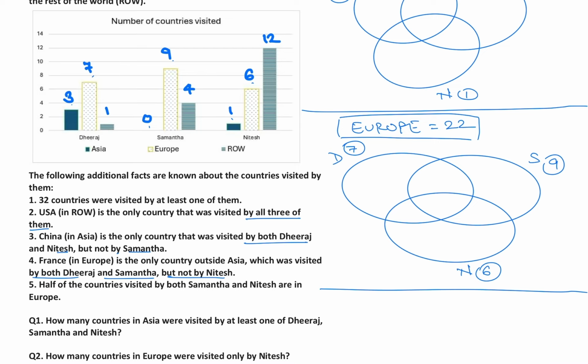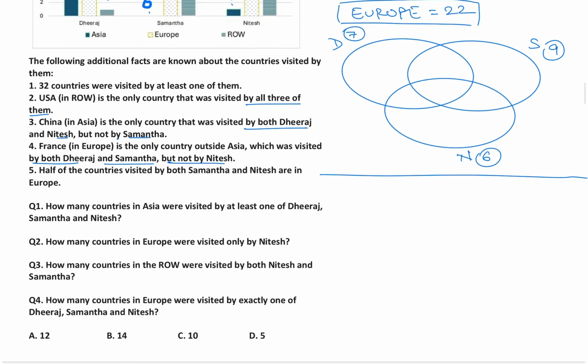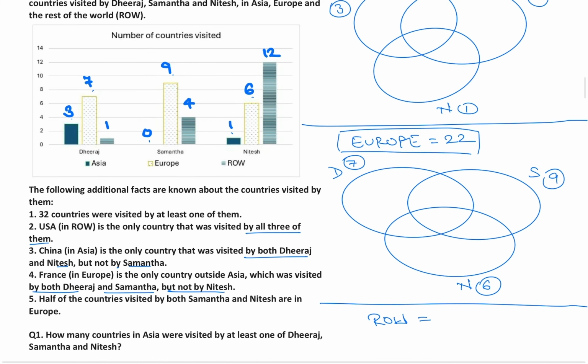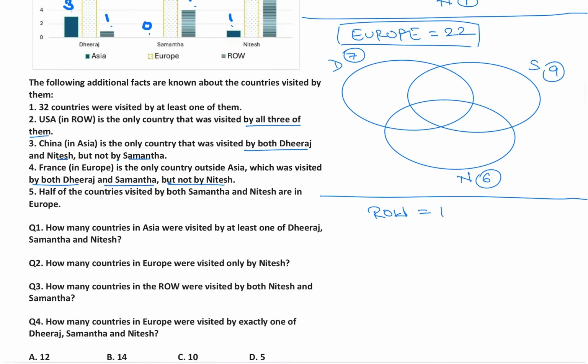Okay. Now we'll see rest of the world. So this will be 1 plus 4 plus 12, that is 17. So I have 17 here.